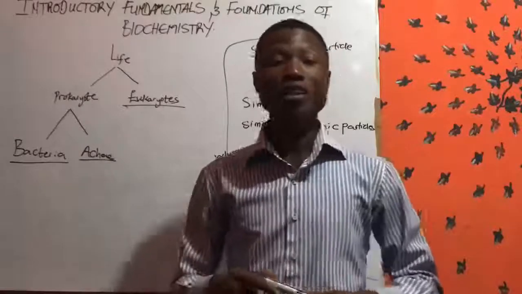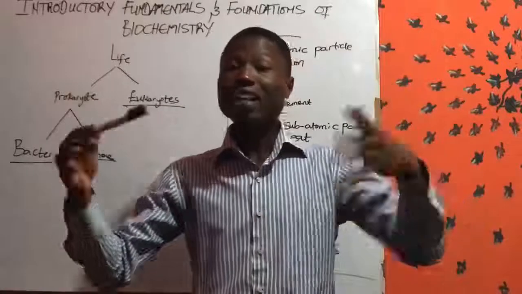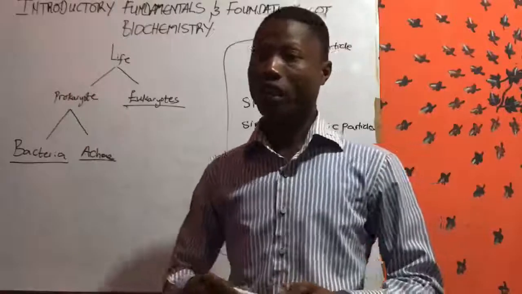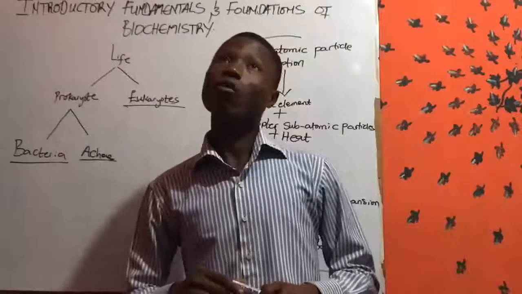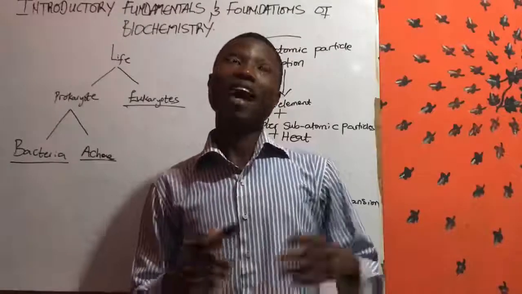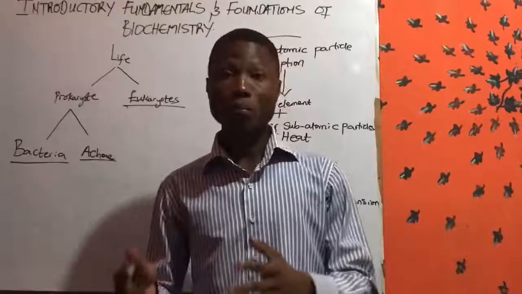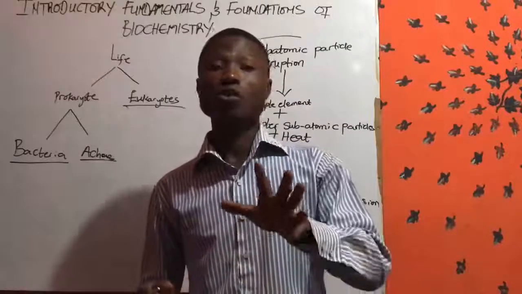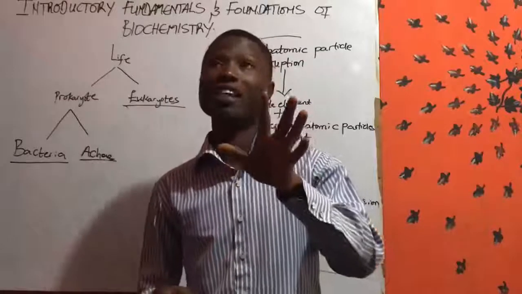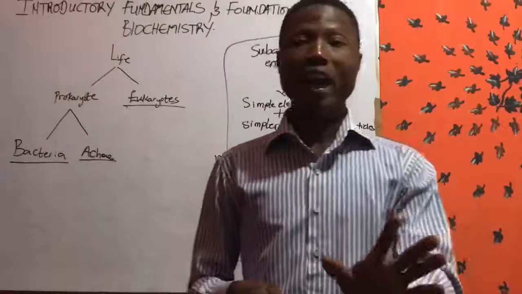Anaerobic organisms are organisms that can survive in the absence of air, in the absence of oxygen. Aerobic organisms are organisms that live in surplus, or whenever there is a supply of air, they adapt well.